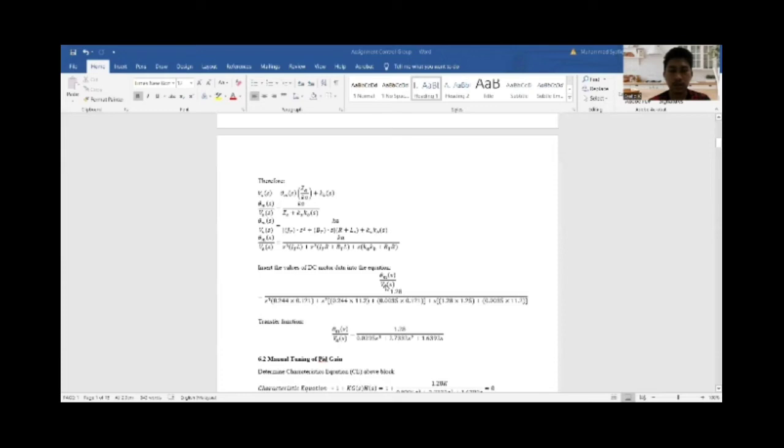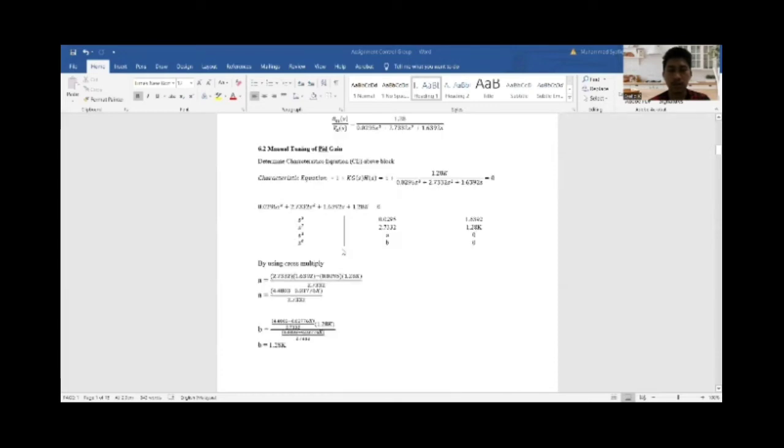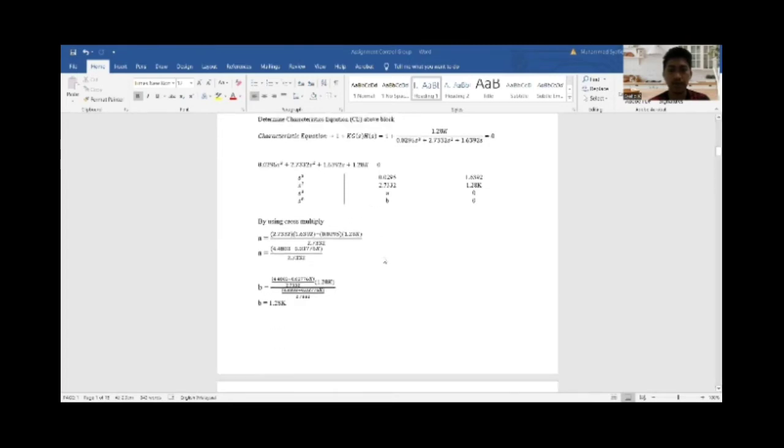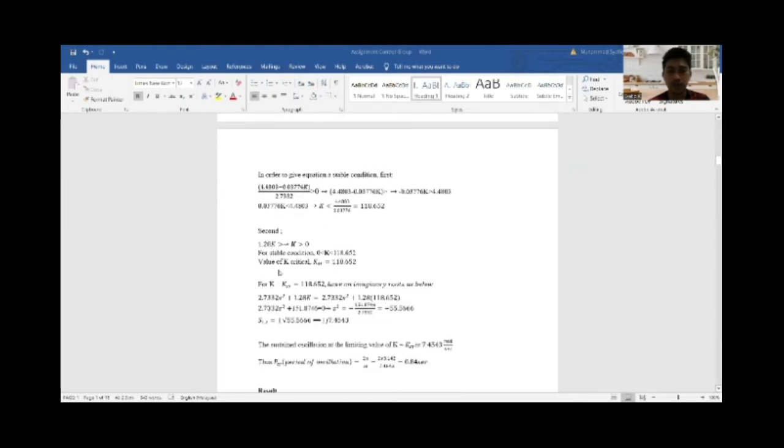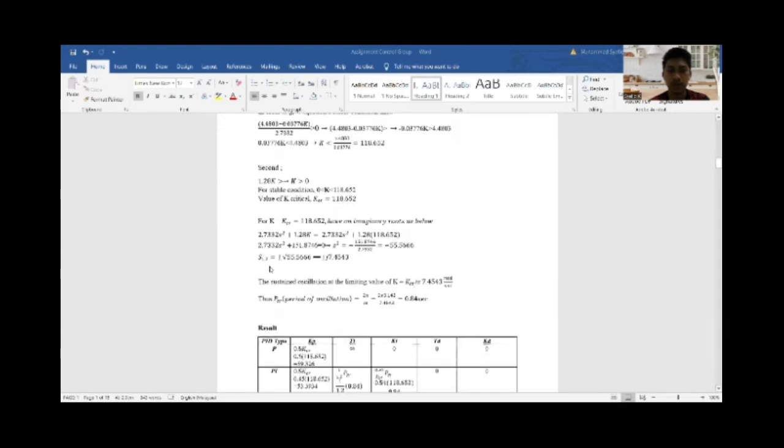So this is the characteristic equation. By doing the cross multiply, we get the values for A and B, and from that we are going to find the K value. The K critical is 118.652, and this is the value for the s 1.2.